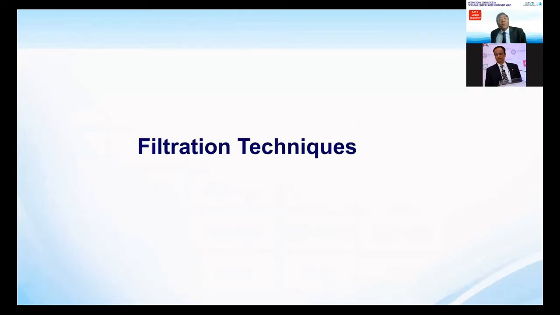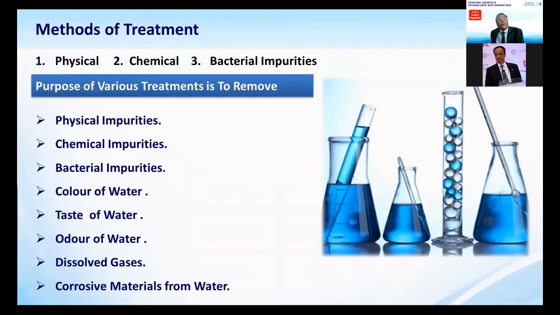A little bit on the filtration technique. I have already explained that we have two types of impurities in the water: one is suspended and the other is dissolved. Now, the methods of treatment we will discuss are separate for the suspended impurities and the dissolved impurities, and it also depends on what type of water you require. If you require drinking water, we'll have a different treatment scheme.